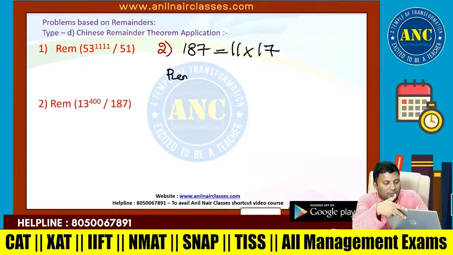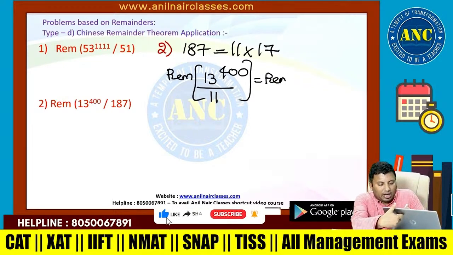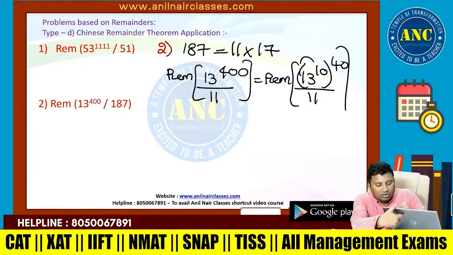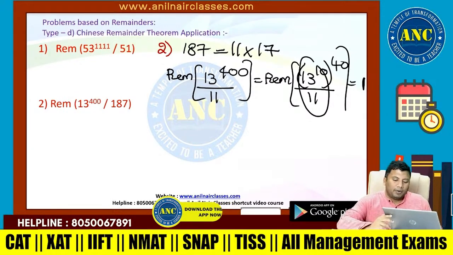So this will become 13 power 400 divided by 11. For 11, the power has to be 10 according to Fermat's theorem. 13 power 10, power 40, divided by 11. This is 1. 1 power any number is 1.